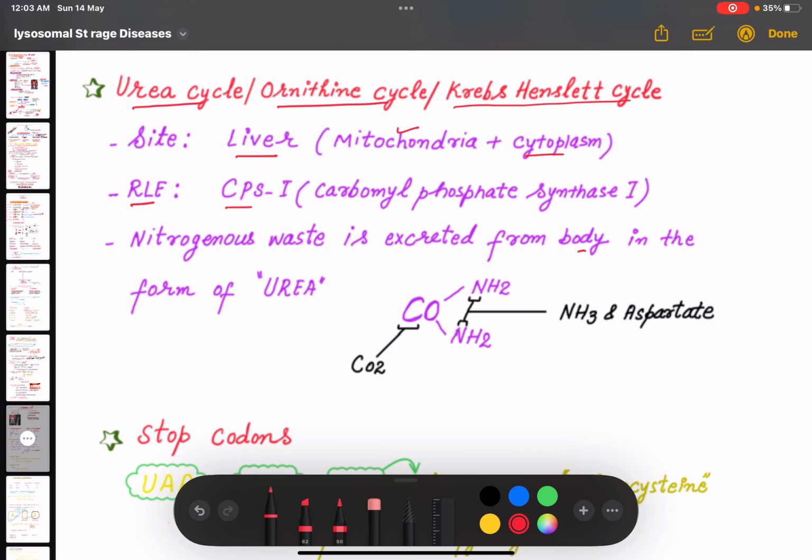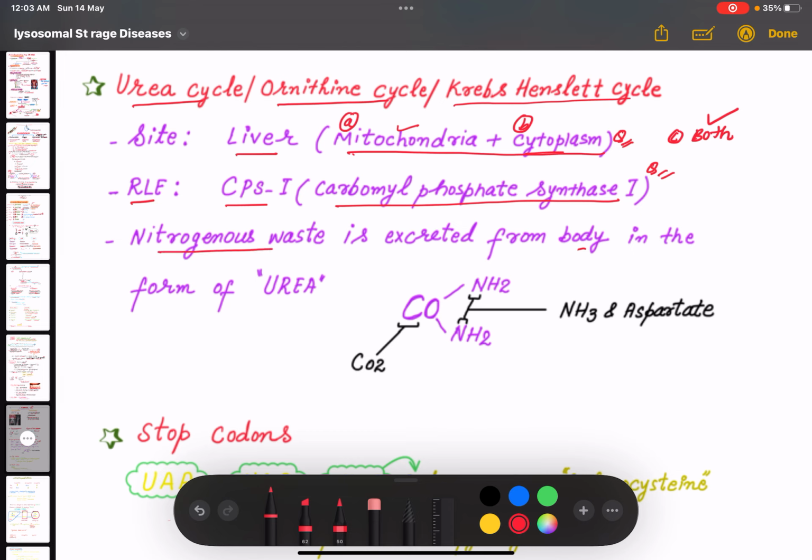That is CPS1, carbamoyl phosphate synthase 1. This is an exam question, and this is also an exam question. In the exam they can give you both options, and suppose option A is mitochondria, option B is cytoplasm, option C can be both, and you mark this one.